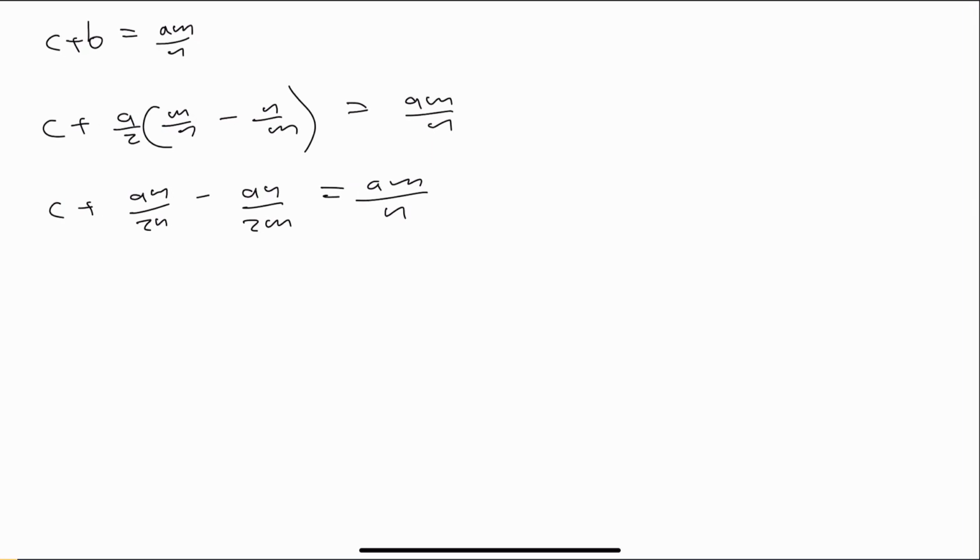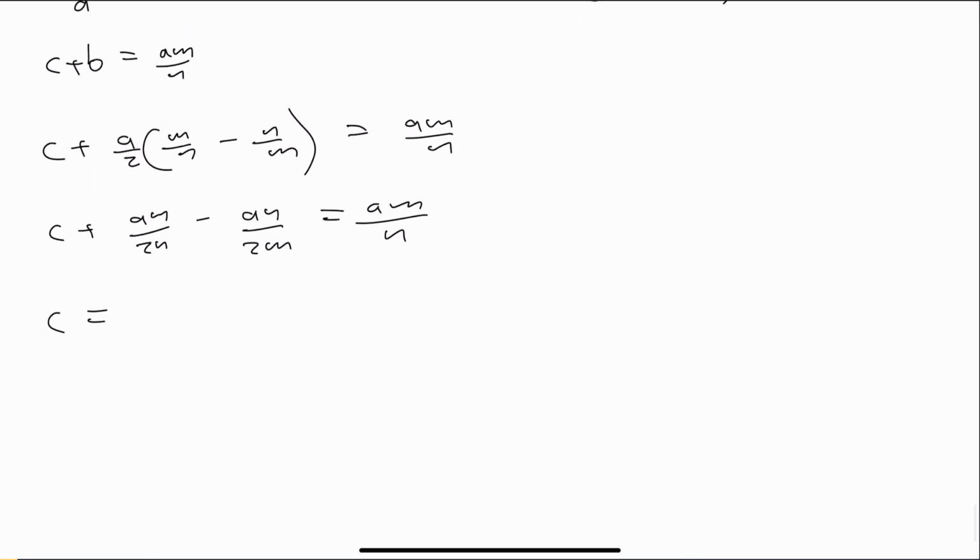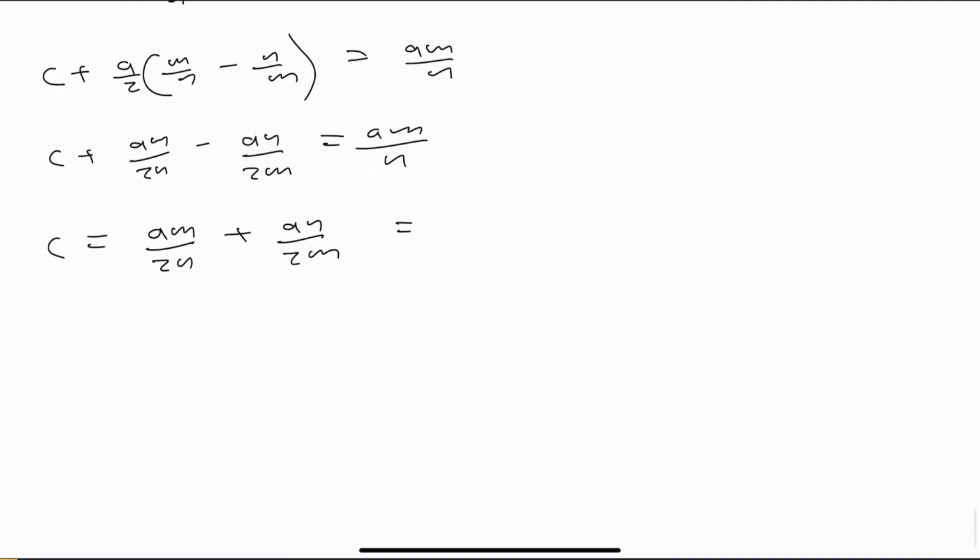And that's going to end up with c is equal to am all over 2n plus an all over 2m. And then this can be factored as a half of m over n plus n over m. And then half. And then we can again do m squared plus n squared all over 2mn.